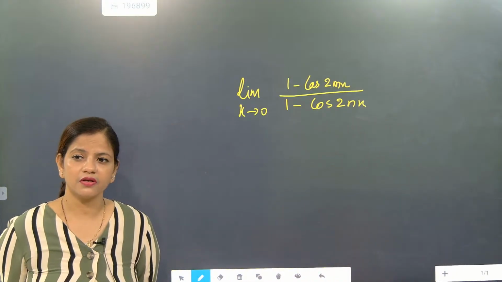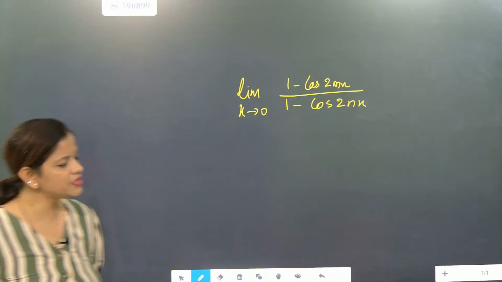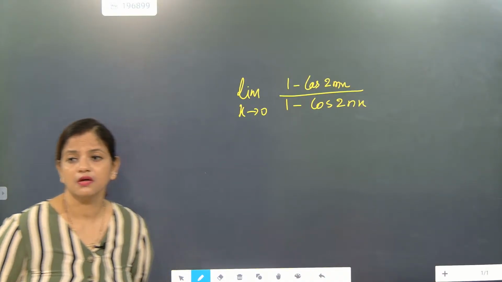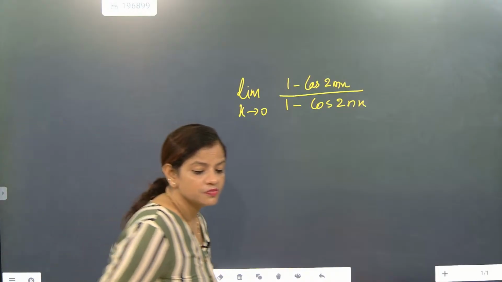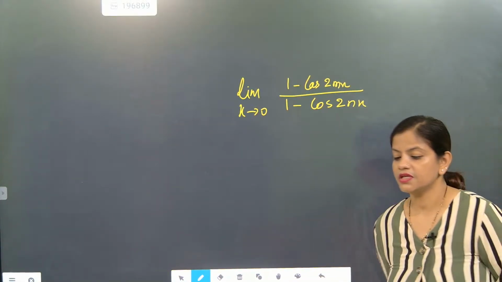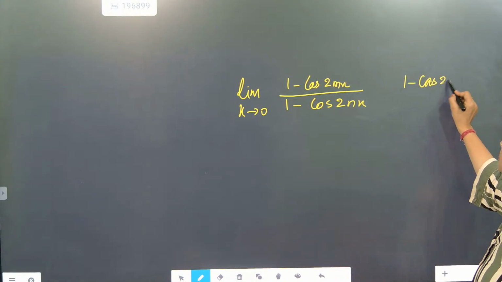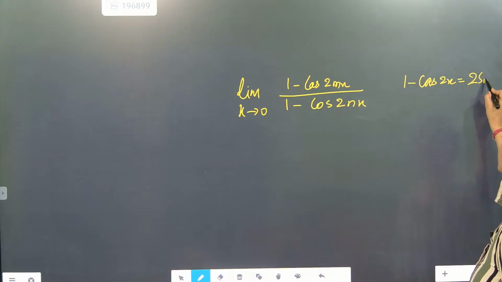Numerator and denominator, divide? No. Why are we going to divide it? Cos is there, which means we need to convert it into sine. See, 1 minus cos means directly it will become sine. Check this one out: 1 minus cos 2x is 2 sine square x.